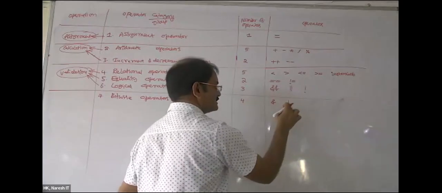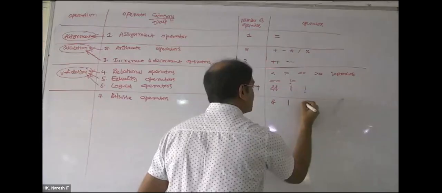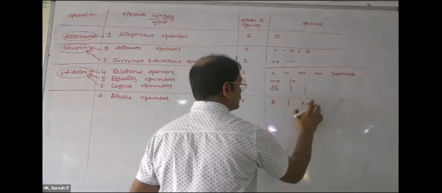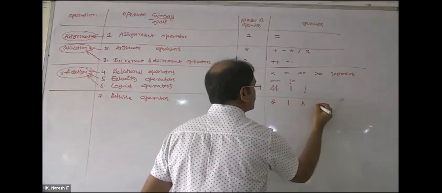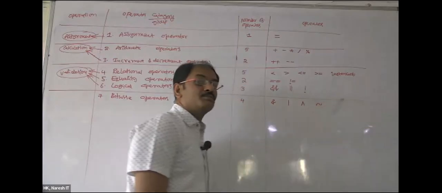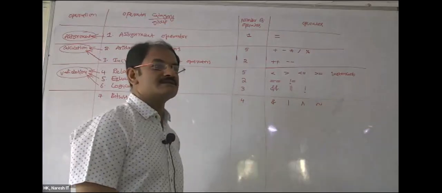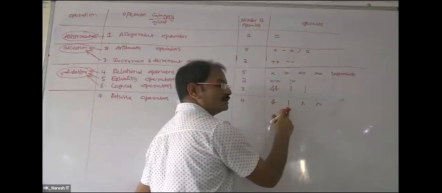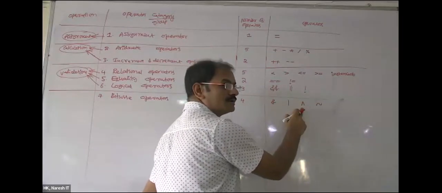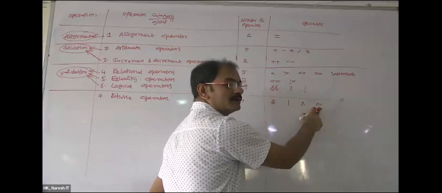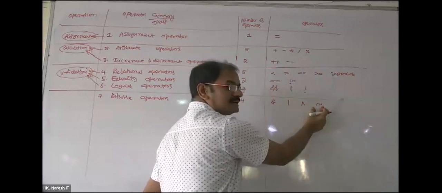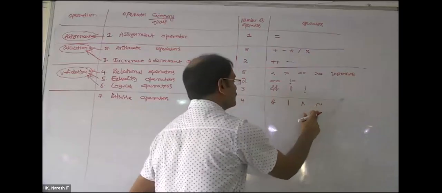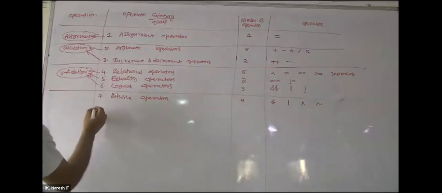There are 2 words there. This caret is called what? Exclusive or. And this is called the complement operator, bitwise complement operator. Inclusive or, exclusive or, bitwise complement. According to the symbol, we call it a tilde, but operator-wise, we call it bitwise complement operator. Okay, I'll give detailed notes. Don't worry.